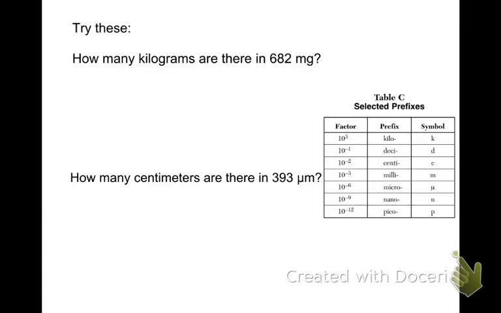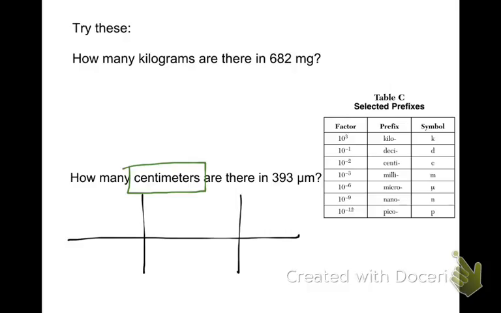How many centimeters are there in 393 micrometers? So, let's figure out what it is we're converting to, what it is we're converting from. So, we're converting from micrometers to centimeters.